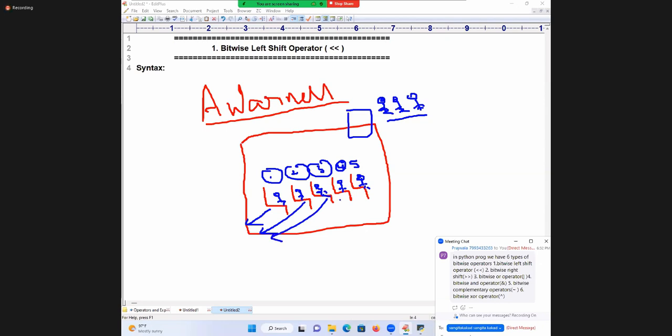The students sitting here will be shifted toward the first chairs, and the new students will be placed from the 3rd, 4th, 5th chairs onwards. Are you getting it? What is this process called? Shifting to the left side.